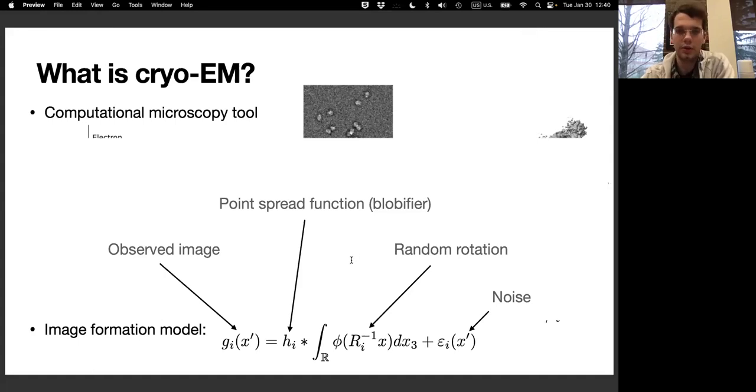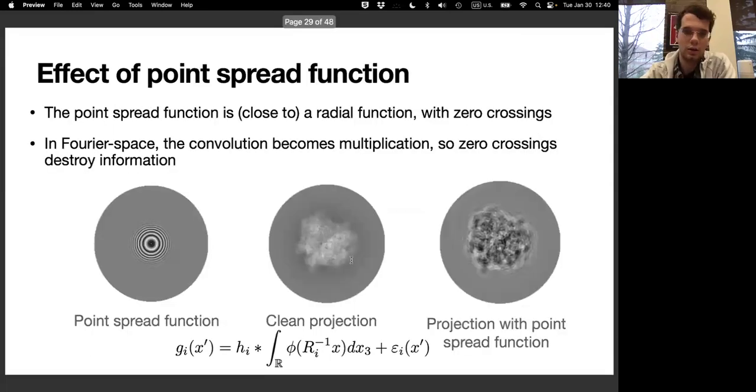And I have one more slide just discussing this a little bit more. So what does it do? Well, the point spread function, like I said, is a physical phenomenon that you can't really get rid of experimentally. It's going to be there, and you have to try to take that into account mathematically. And it's problematic because it ends up destroying information.